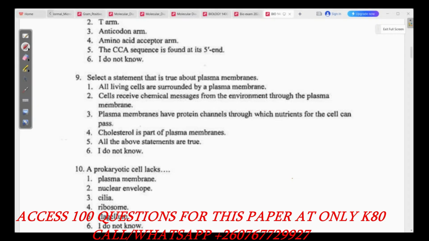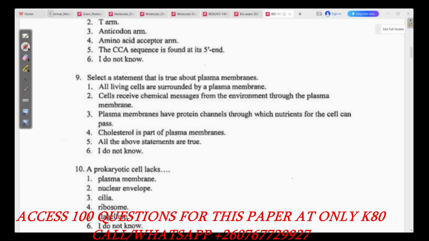Then 3 is saying the plasma membrane has protein channels through which nutrients for the cell can pass. That is true. So we know that it has got the integral proteins and transmembrane proteins. Those provide channels through which nutrients for the cell can pass. Cholesterol is part of the plasma membrane.